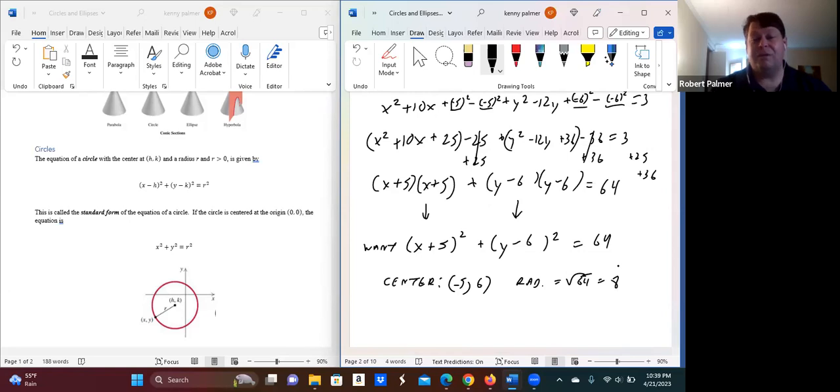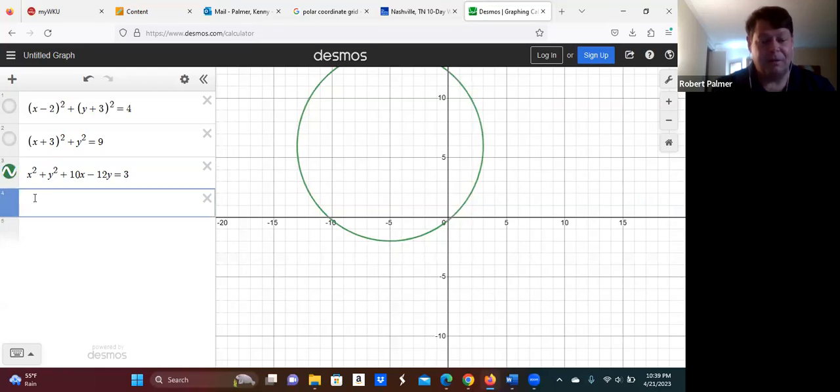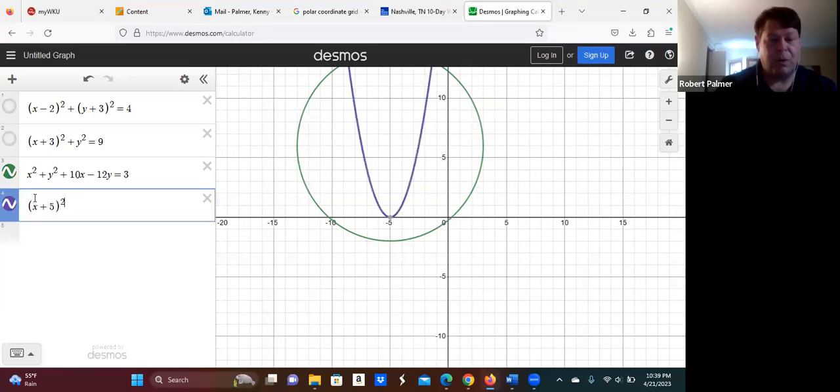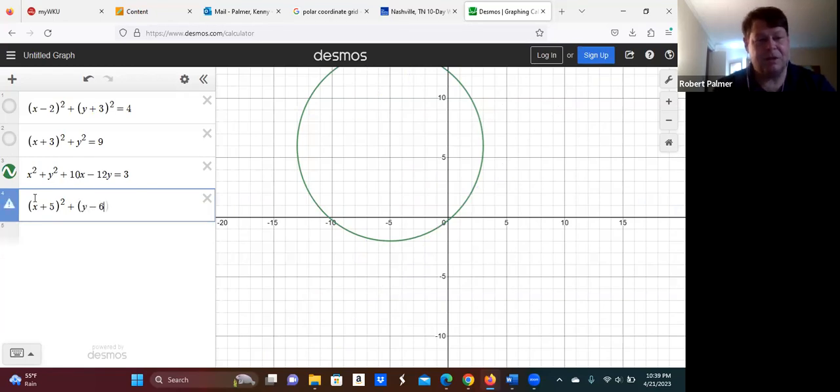Okay, let's take a look at that. Let's graph that, see if that's the same thing. So x plus 5 quantity squared plus y minus 6 quantity squared is equal to 64.